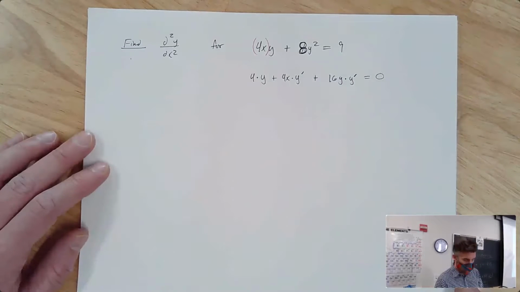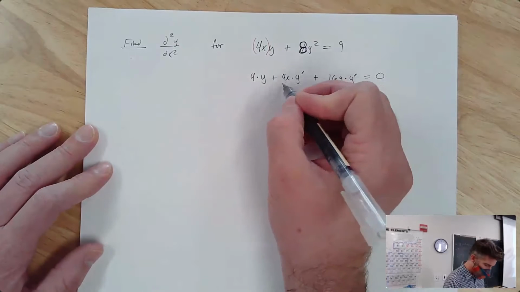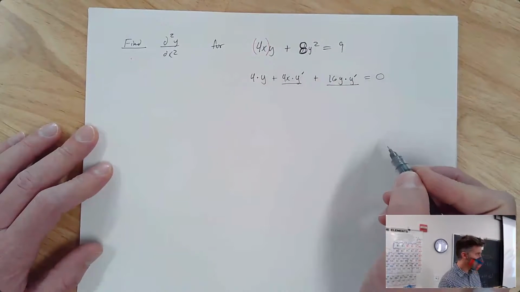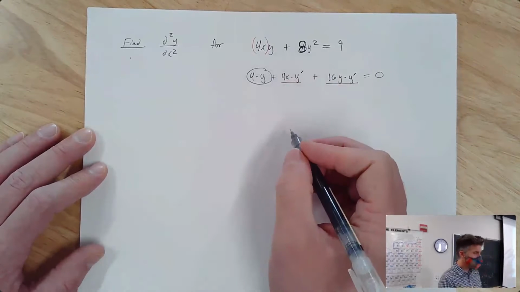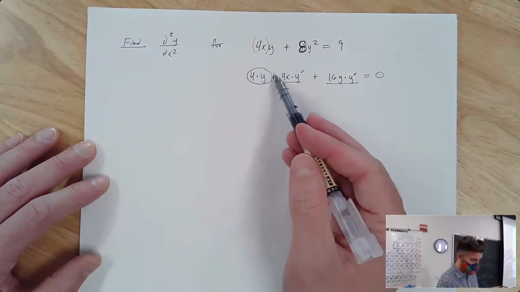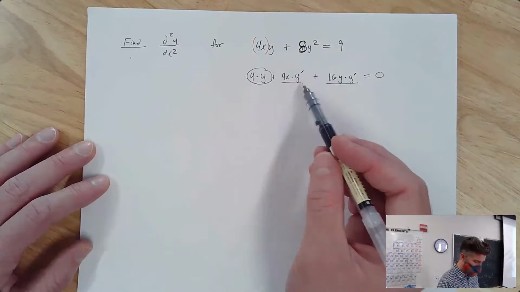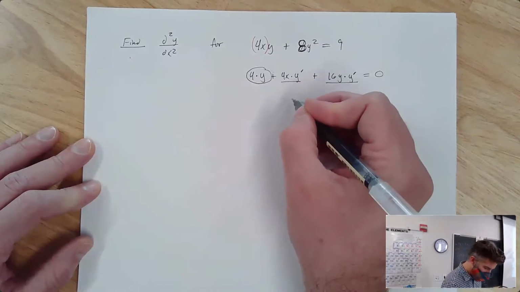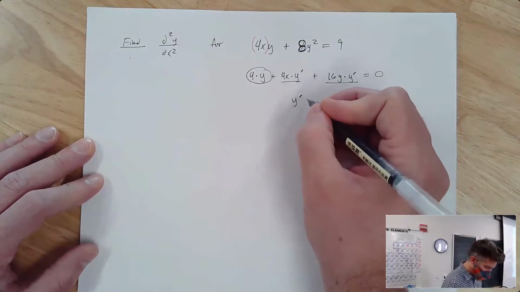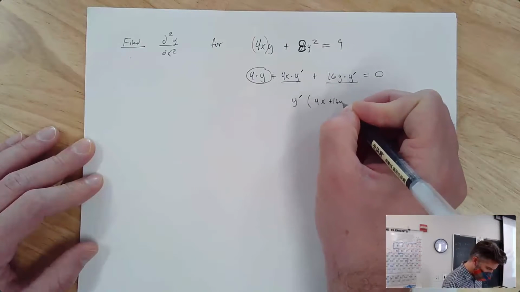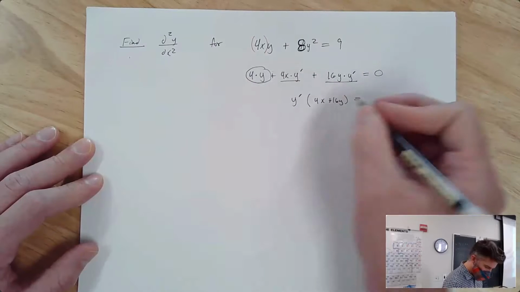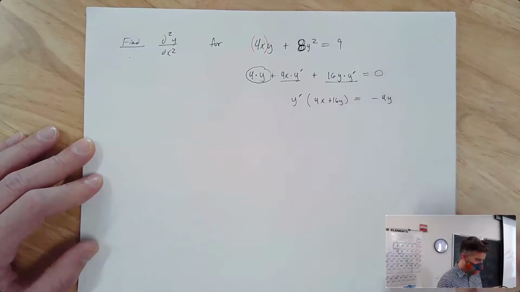And then we're going to solve for y prime. So all my y primes are already on the left. Let's bring the non-y prime thing over to the right. Also, since they're already on the same side, let's go ahead and factor the y primes out. I'm going to be left with 4x plus 16y, and it's going to equal negative 4y.